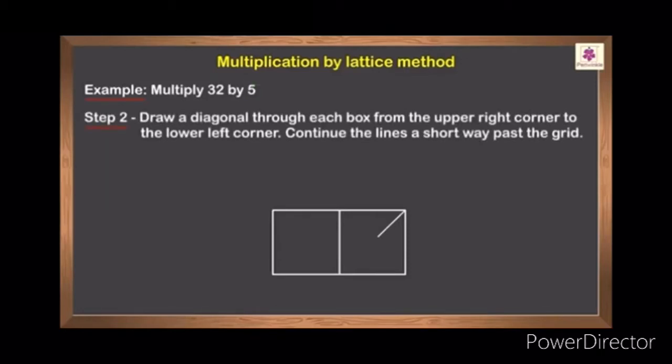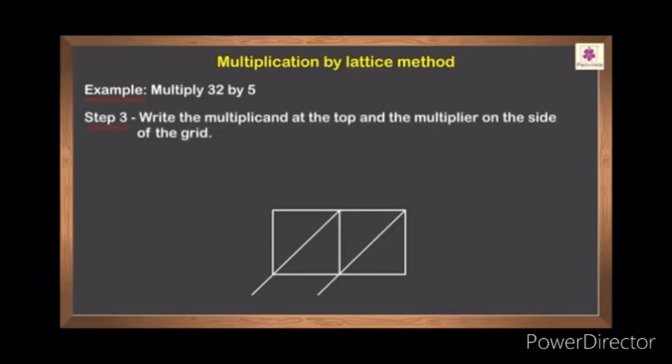Step 2. Draw a diagonal through each box from the upper right corner to the lower left corner. Continue the lines a short way past the grid. Step 3.